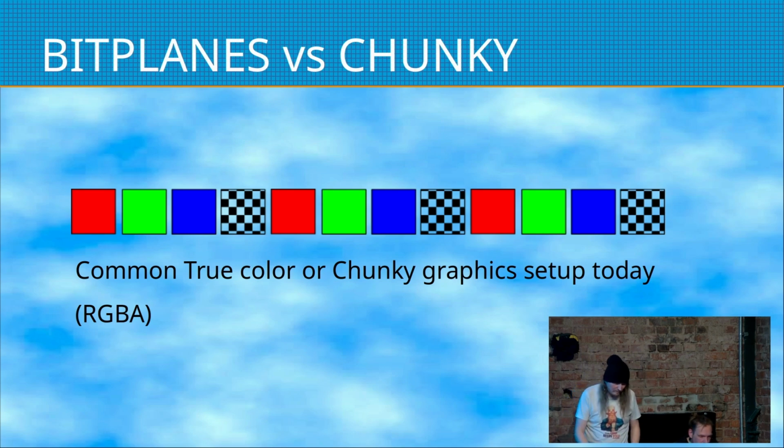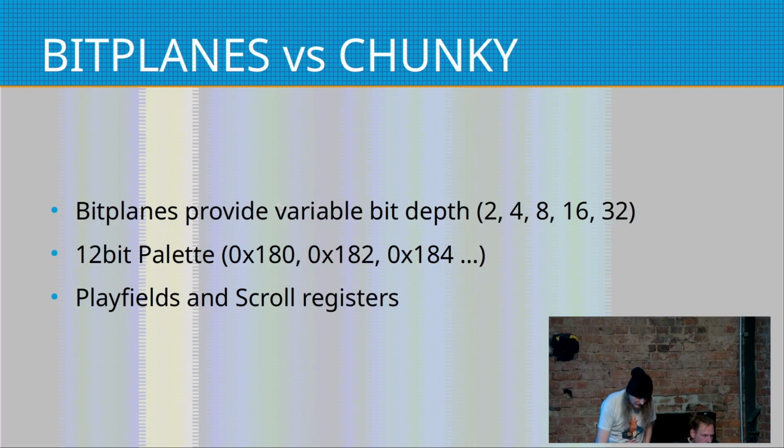Depends how many you have. There's quite a process for that. But Bitplanes have their strength also. For example, we can save memory because if we only need 4 colors, for example, it's doable with two Bitplanes only, and this saves memory.